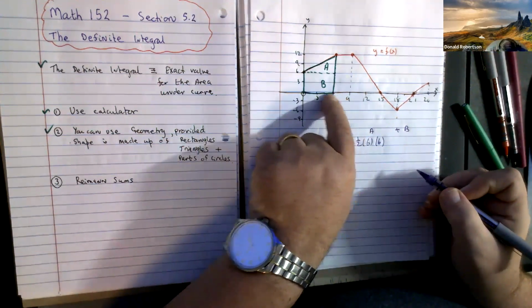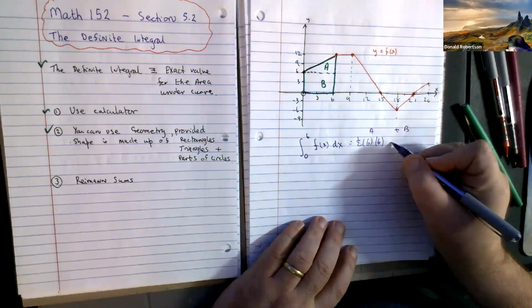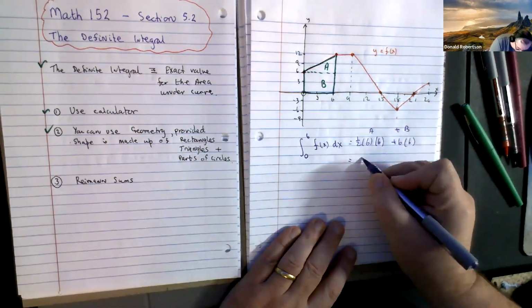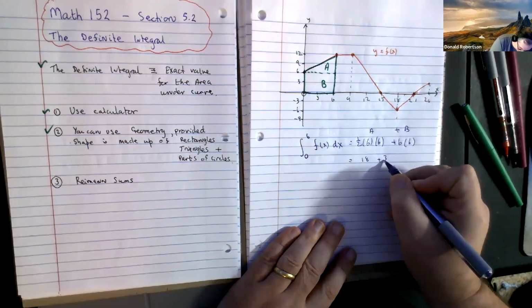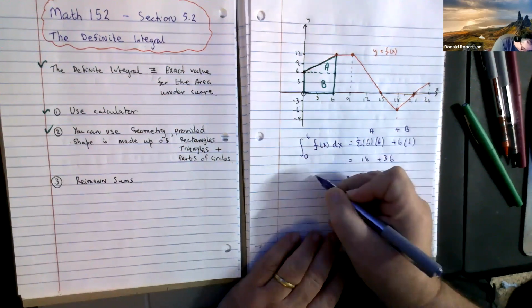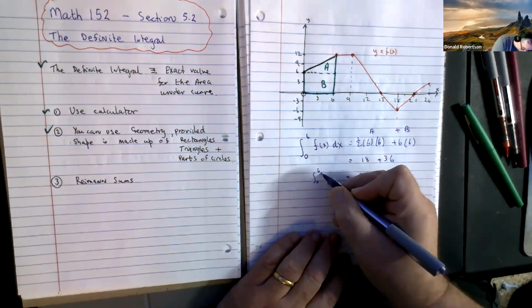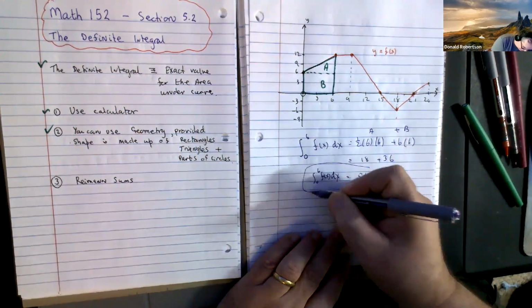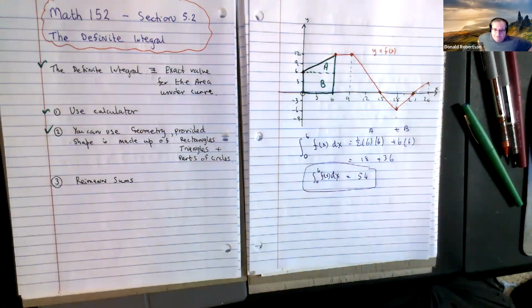That's also, well, I guess it's a square, which is 6 times 6. So I get 18, add 36, and I get 54. So I know the exact area under this curve from 0 to 6.